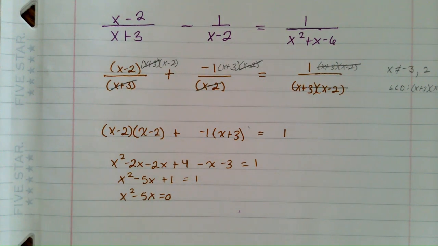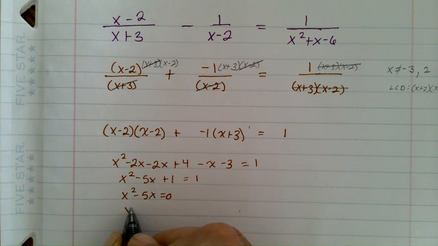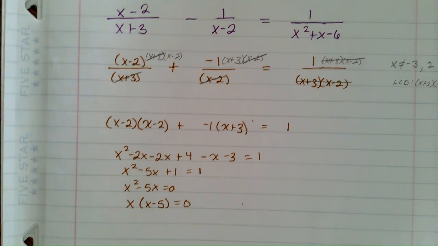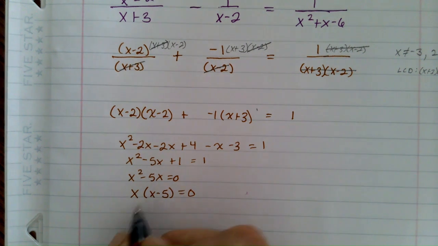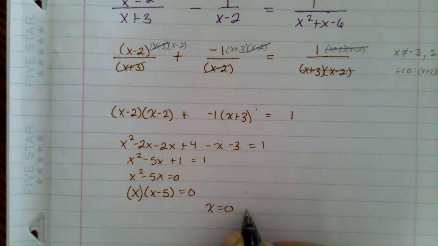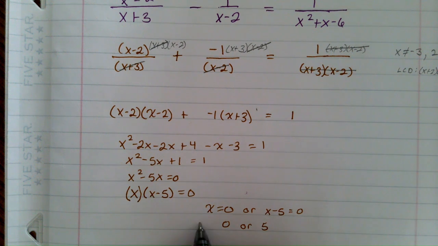So now that I have it equaling 0, it's quadratic. This one happens to have a GCF, which makes it really easy. Set each parenthesis, because technically this is a parenthesis, equal to 0. So we're getting 0 or 5.